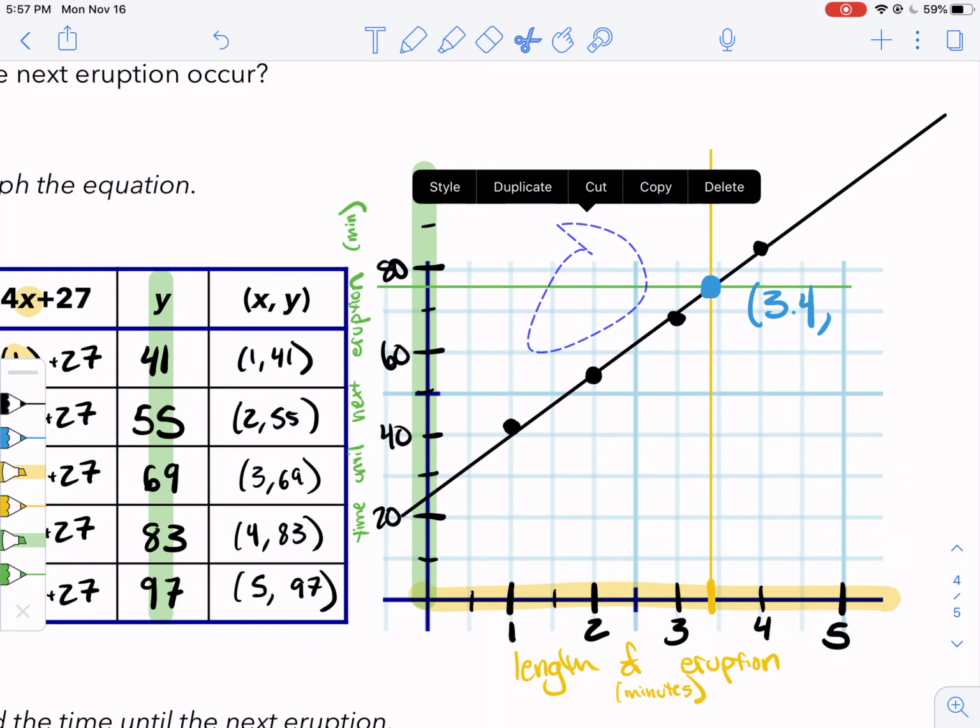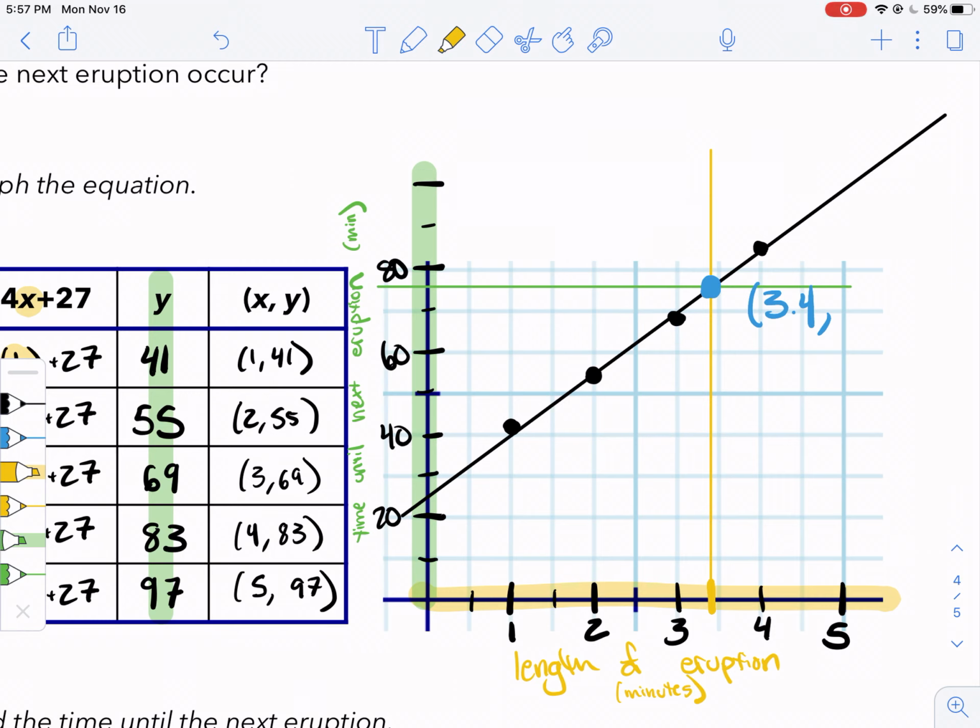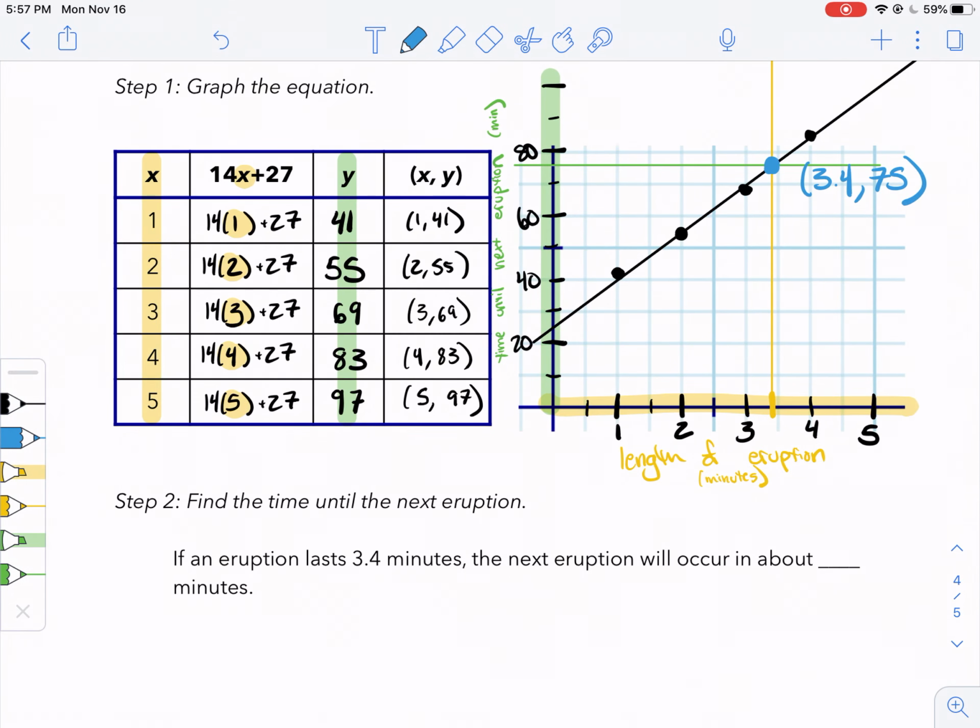Good enough. So let's follow it over here. And what would you say that is? About 75? Let's go with 75. There you go. So we did it. If an eruption lasts 3.4 minutes, the next eruption will occur in about 75 minutes.